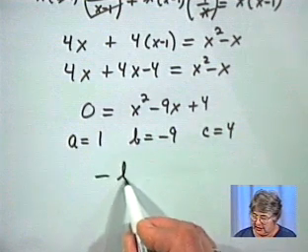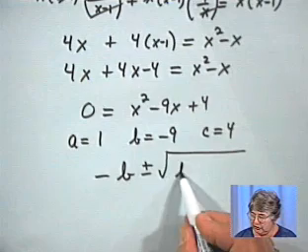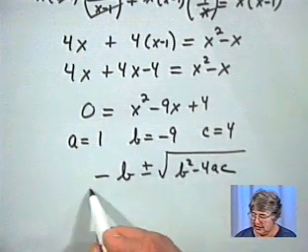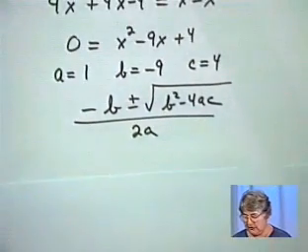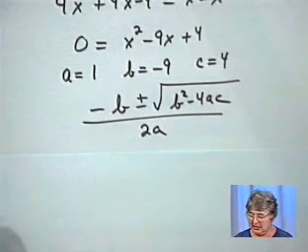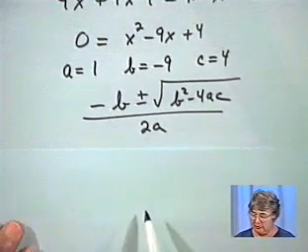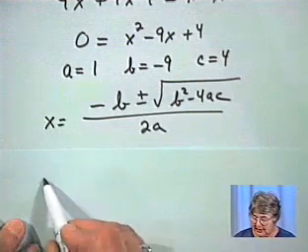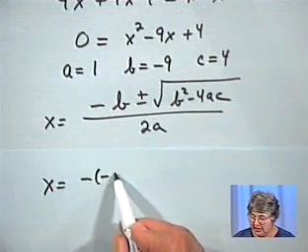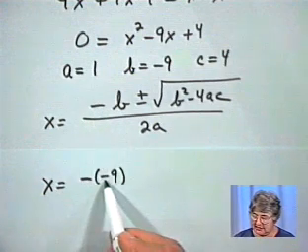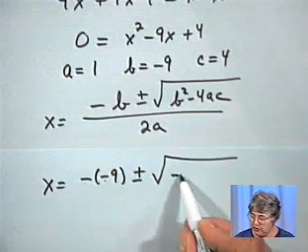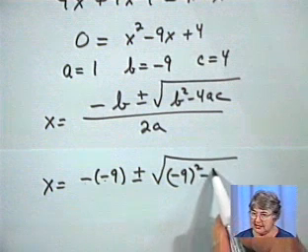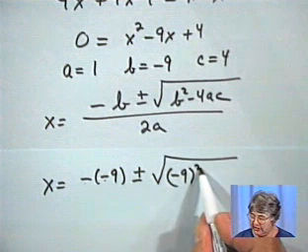So in the quadratic formula then, minus b plus or minus the square root of b squared minus 4ac over 2a, and take the opportunity to learn the quadratic formula. Each time that you have to use it, rewrite it so that it sticks in your memory a little bit better. So the solutions for X are X equals minus b itself, which becomes minus a minus 9, plus or minus the square root of b squared, put that in parentheses, minus 4 times a times c, all over 2 times a.